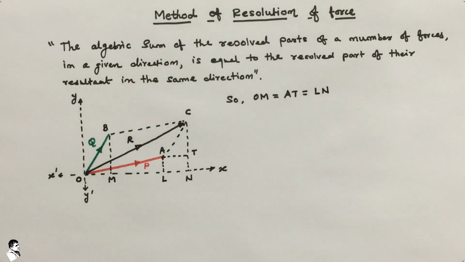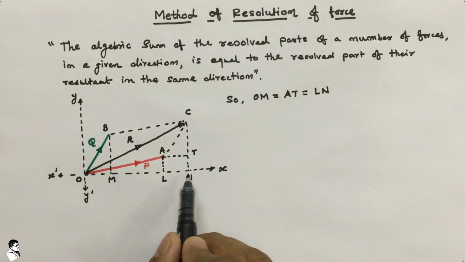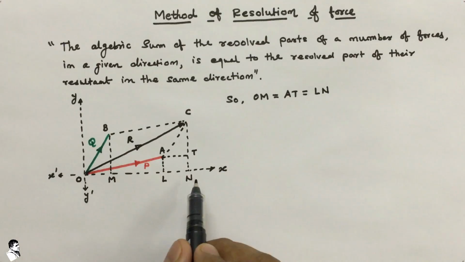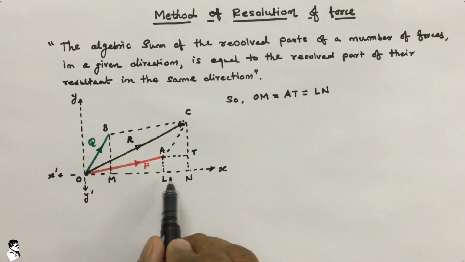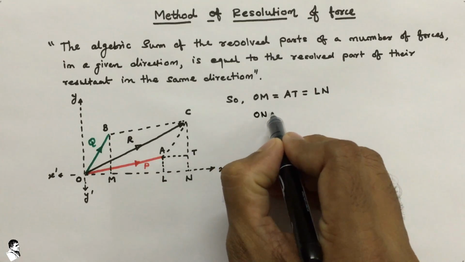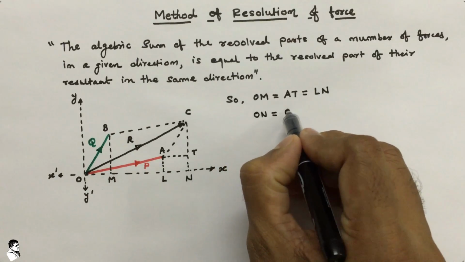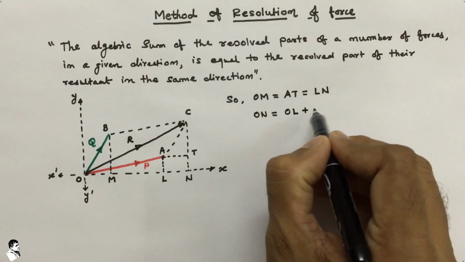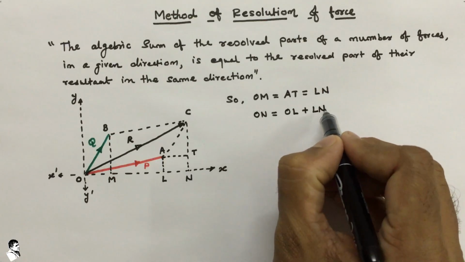Okay, now from the geometry of the figure, another equation that we find, if we look at ON, is that ON is equal to OL plus LN.